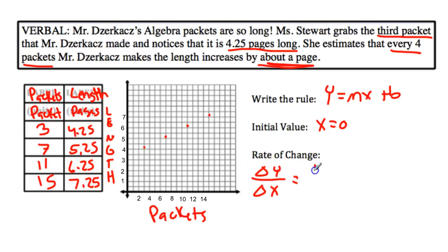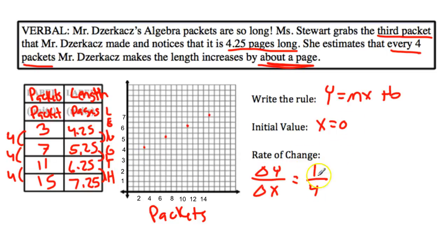So the change in y is 1. The change in x, so every time this increases by 1, how much is this going up? Well, between 3 and 7 is 4, 7 plus 4 is 11, 11 plus 4, so the change in x is 4.